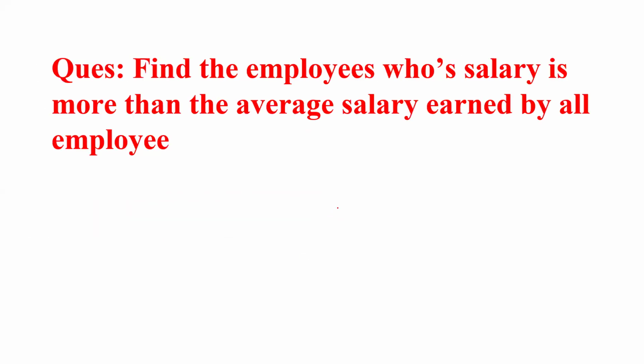The example question is: find the employees whose salary is more than the average salary earned by all the employees. Just read the question again. Find the employees whose salary is more than the average salary earned by all employees. By reading, you would have understood that we need to find employee details.